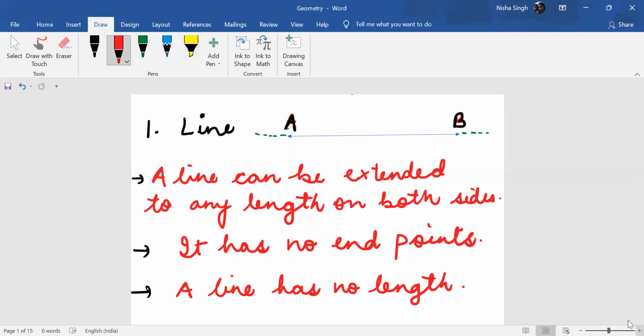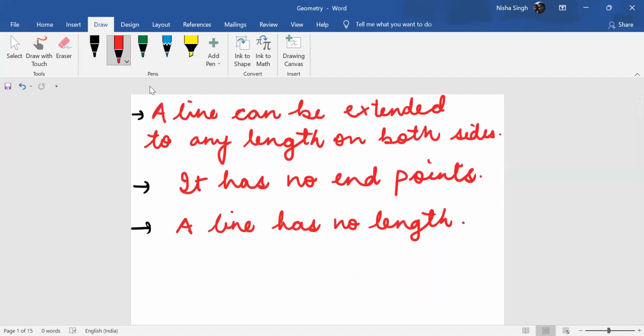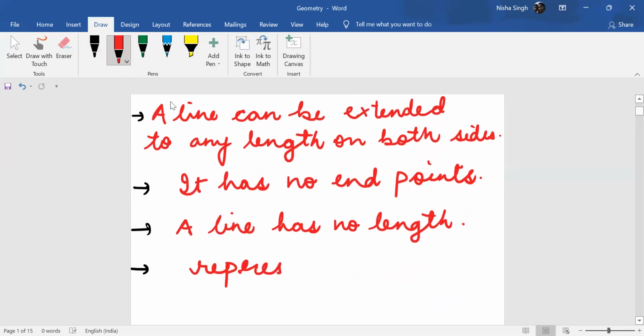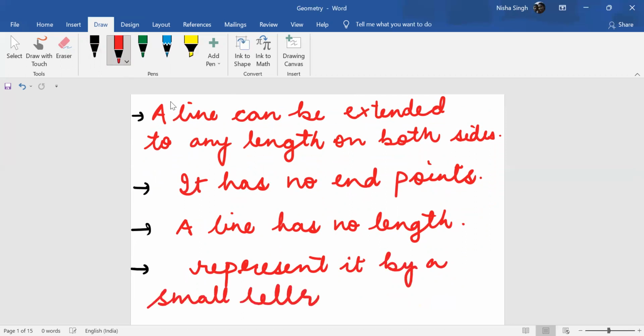Yes. Sometimes a line is represented by a small letter. So children, if there is no name for your line, sometimes you can represent it by a small letter, say letter l.